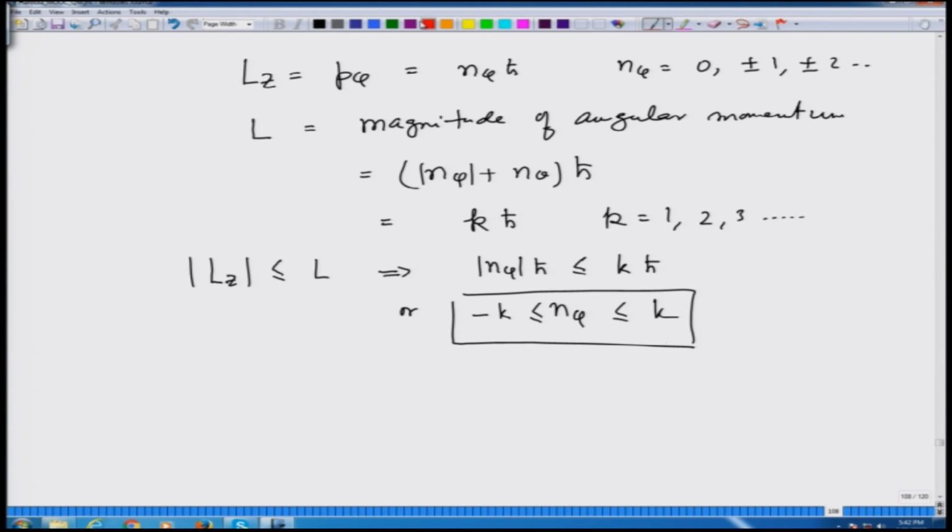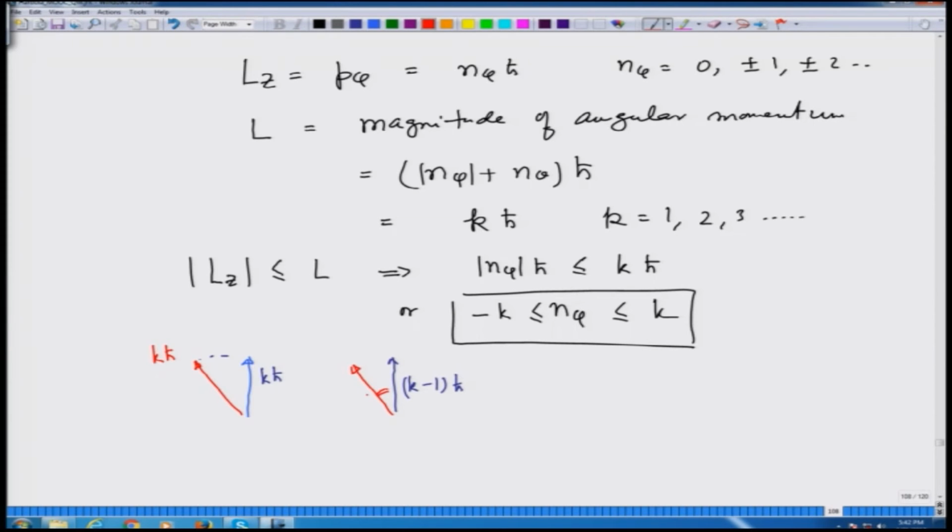What that means is that you could have a net angular momentum k h cross, and it could be in a direction which is in the z direction. Next, it will be (k minus 1) h cross, so that the angular momentum is pointing in a certain direction.